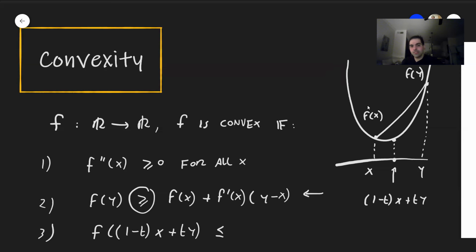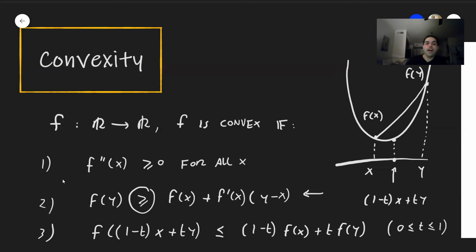So it's less than or equal to (1 minus t) f of x plus t f of y. It's almost like linearity, except you put less than or equal. And also t is between 0 and 1.